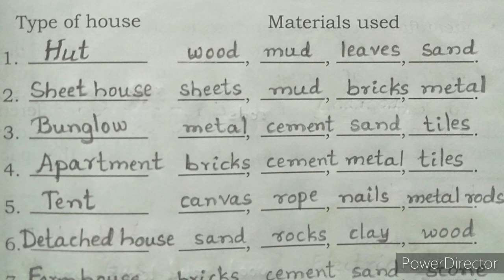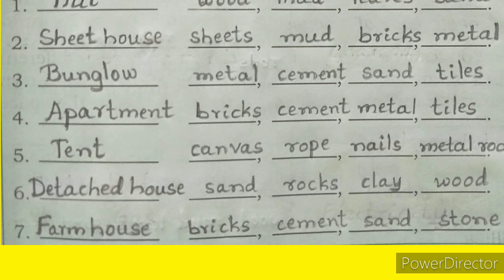Next, fifth one, tent. To build a tent, we need canvas, rope, nails, metal rods. Next, sixth one is detached house. To build a detached house, we need sand, rocks, clay, wood. Next, seventh one, farmhouse. To build a farmhouse, we need bricks, cement, sand, stone.